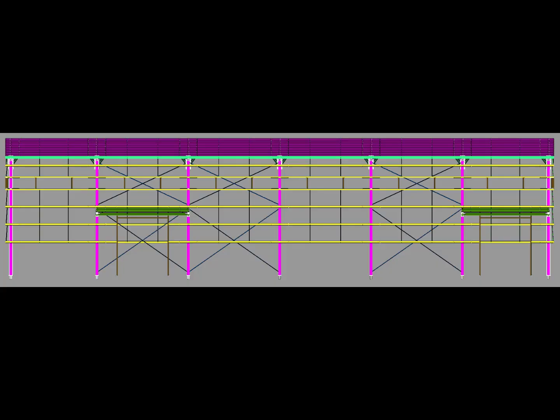And finally, the most important point, never identify a PEB member only by its appearance. Identify it by its location, its connection, its relationship with surrounding members, and the information provided in the project drawings.